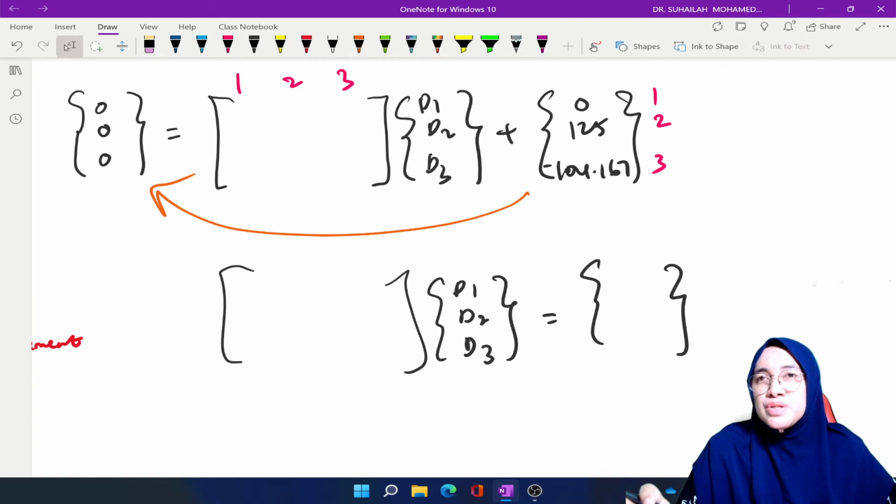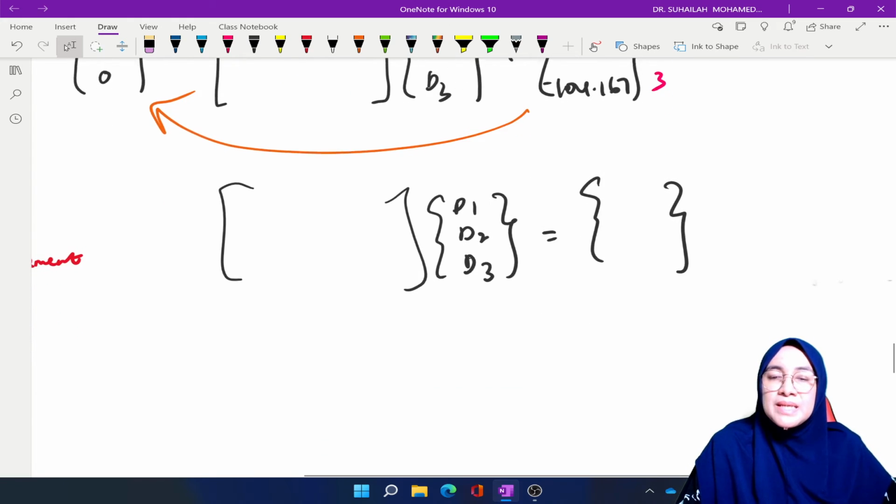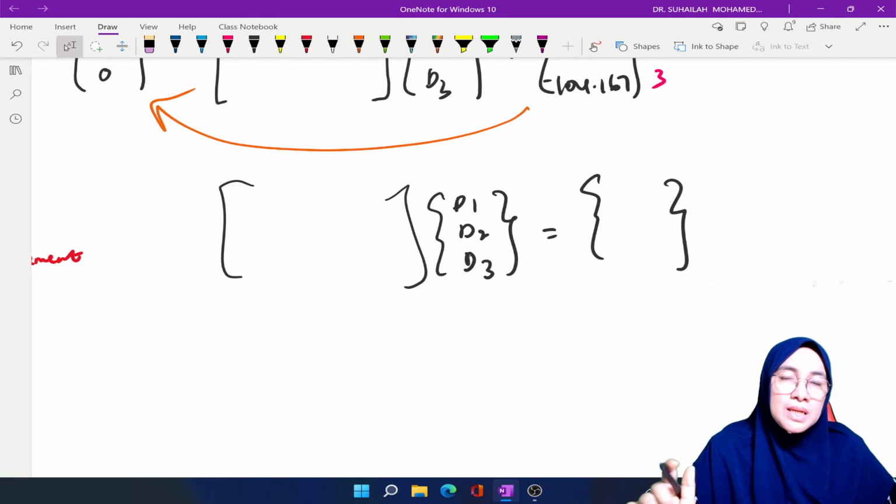Okay, using equation, choose 3 unknowns. By putting all the values a1 until d3, we have the x, y and z values representing d1, d2 and d3.